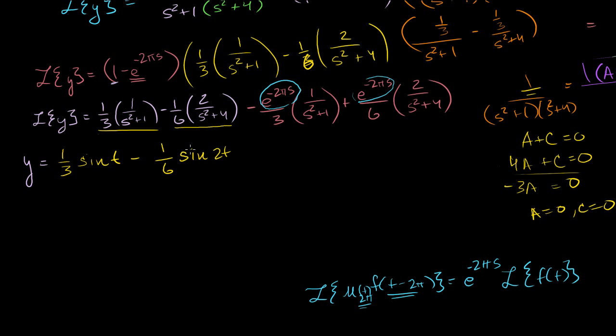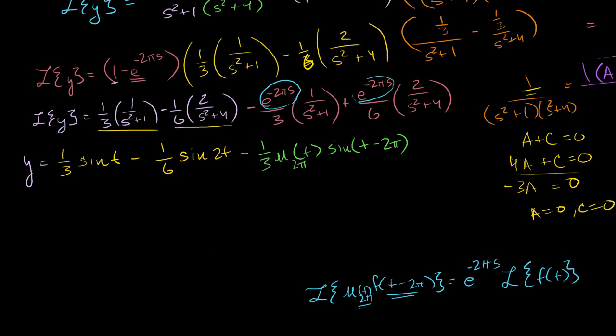So this is going to be minus 1/3 times the unit step function, where c is 2 pi, of t, times, instead of sine of t, sine of t minus 2 pi.